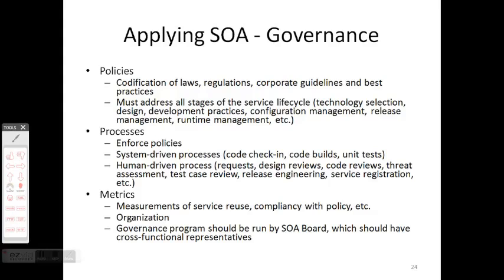The purpose of having metrics is to measure our success in implementing the correct architecture. So it measures the service reusability, and it measures the compliance of the system with our policies, and so on. It measures the organization itself, and also measures the governance program run by the SOA board.